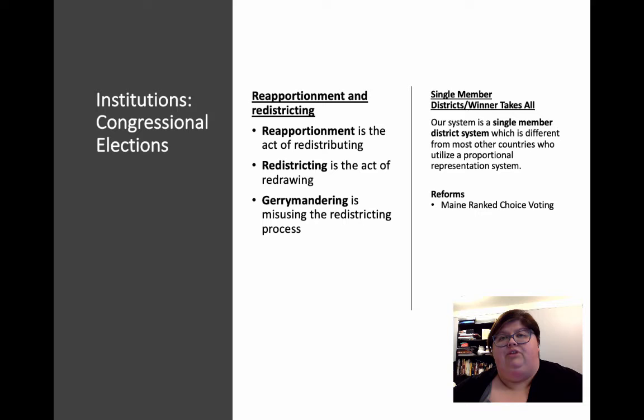It's different from most other countries in that there's no proportional representation at all in our national legislature. Proportional representation would mean if a party won 51% of the popular vote across the country, pure proportional representation means they would have 51% of the number of delegates to that body. We don't have that.